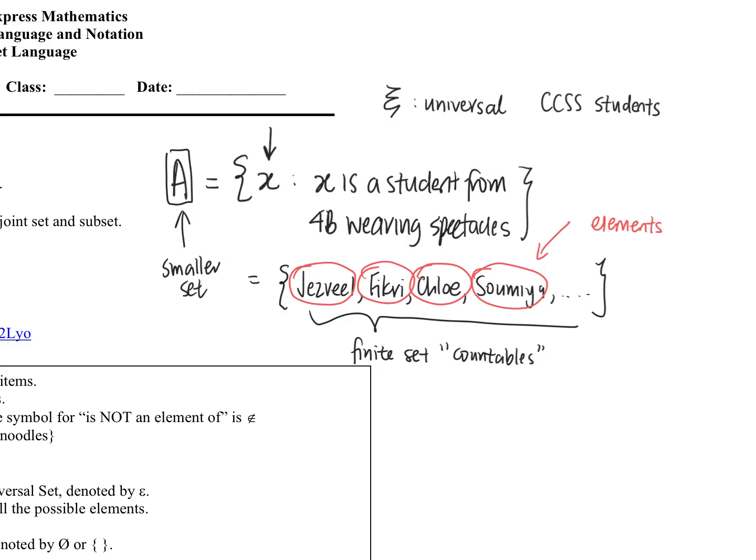And then I can come up with another set that is a proper subset of A, which I define to be the females in set A. So that means it is a strictly smaller set than set A, but I only pick those that are females and wearing specs and from 4B.